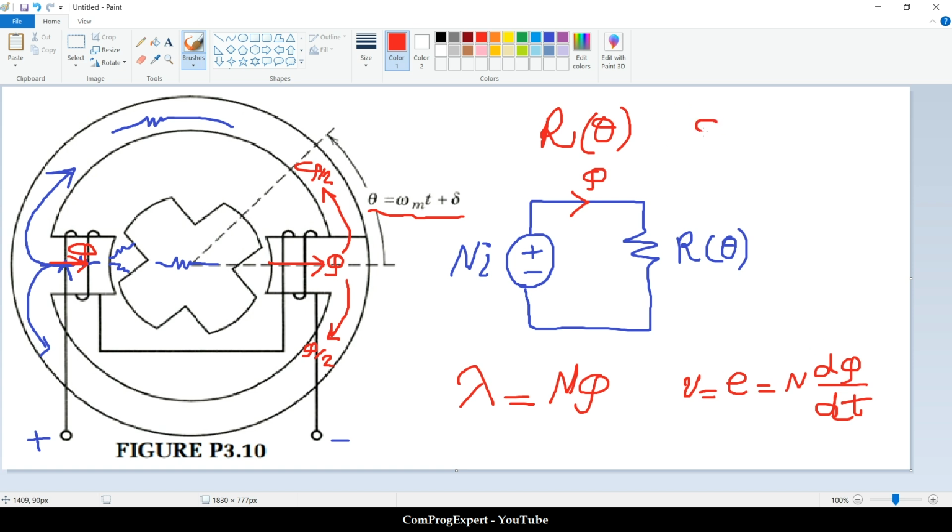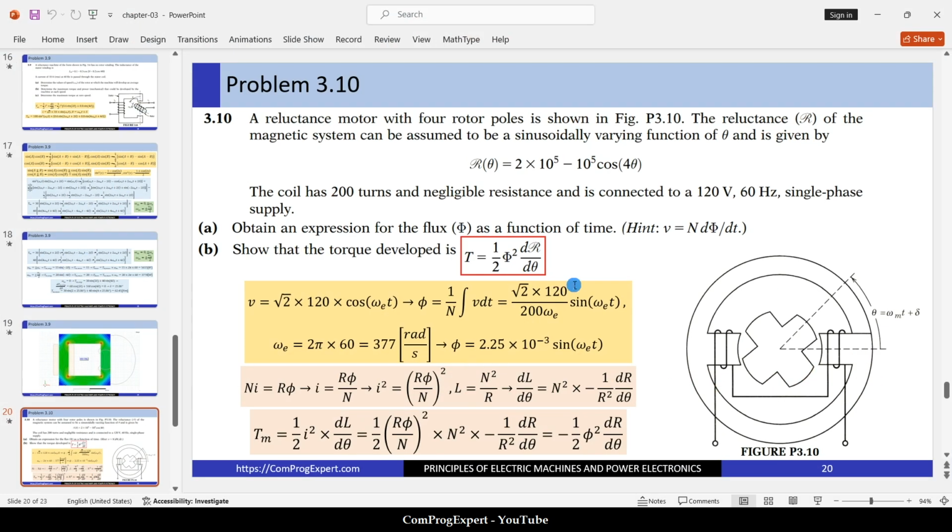Like before, we should calculate this integral, the integral of V dt. If we neglect the DC bias, we have an AC source, we have AC current, and we don't have DC bias for flux. So simply we can calculate this integral.